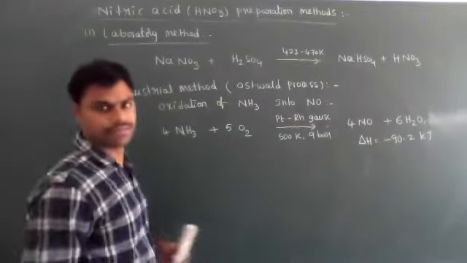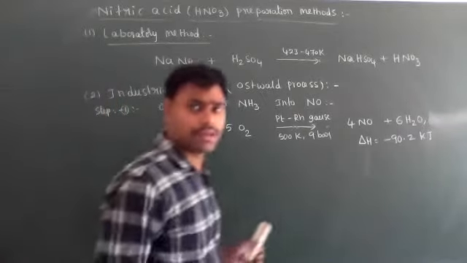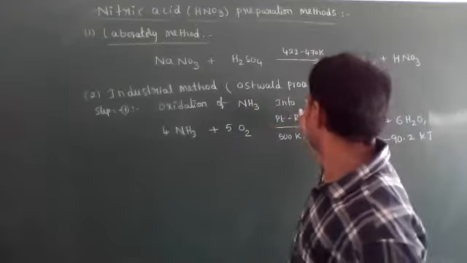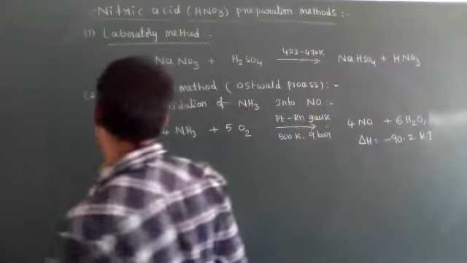Energy will be released. So that is the first step, the oxidation of ammonia into nitric oxide. Nitric oxide is unstable and immediately it oxidizes.